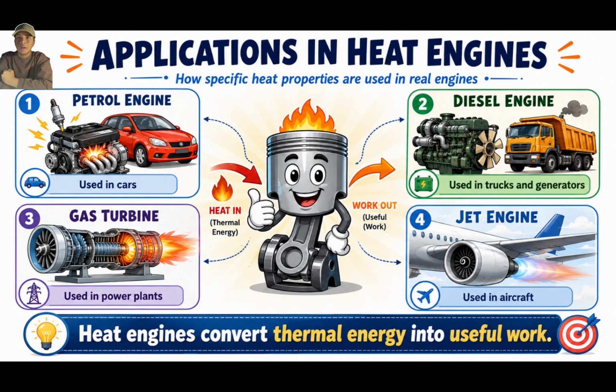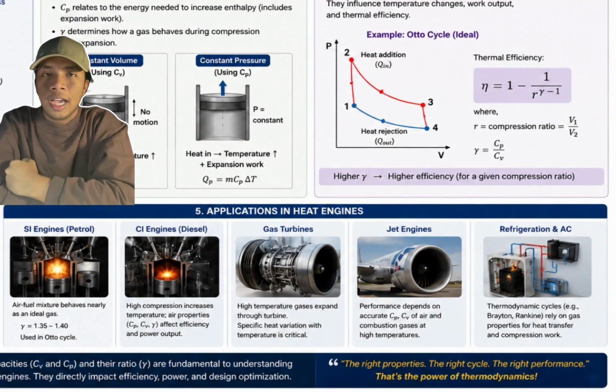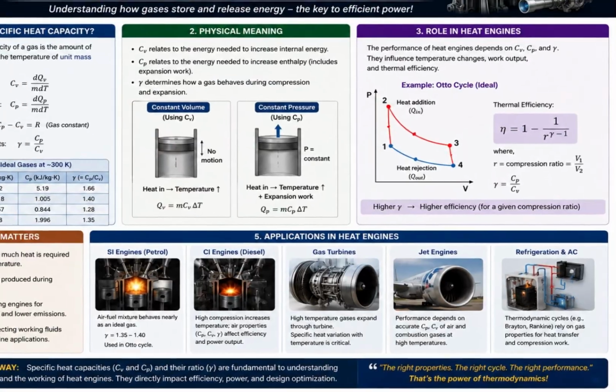In gas turbines, high temperature gases expand through the turbine blades to produce useful work. And in jet engines, hot gases expand at high speed to generate thrust. So although these engines operate differently, they all depend on the thermodynamic properties of gases.